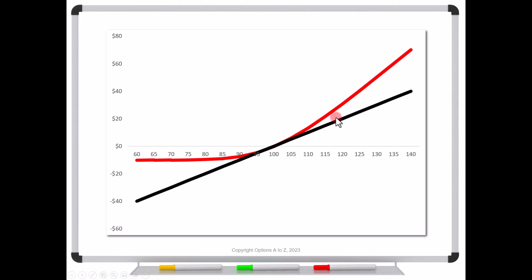So if you're right, especially in the fairly short term, in the next few days or so, it's going to greatly outperform the shares of stock, and you're only going to have a fraction of the money invested. So by using 2 of the call options instead of 100 shares of stock, it's a great way to manage risk and be sure that you keep on track with your strategy if you're trying to be a momentum trader.